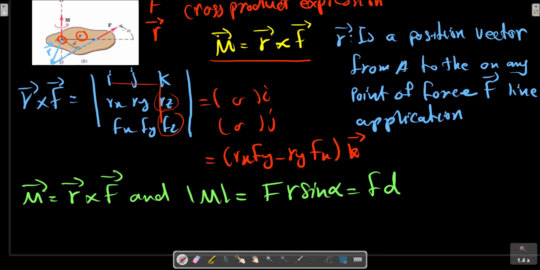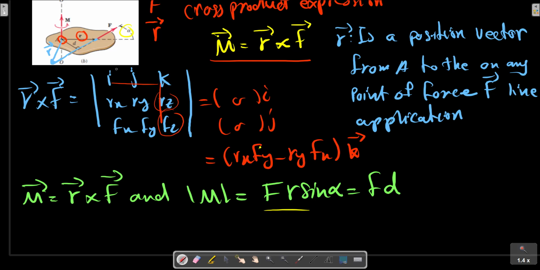This is alpha, which agrees with the moment magnitude as given by this equation here. Note that the moment R d equals R sine alpha and does not depend on the particular point on the line of action of F to which the vector R is directed.